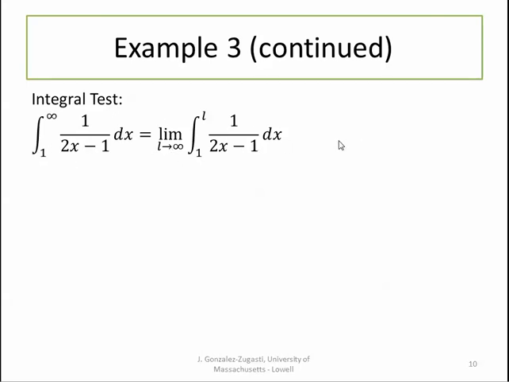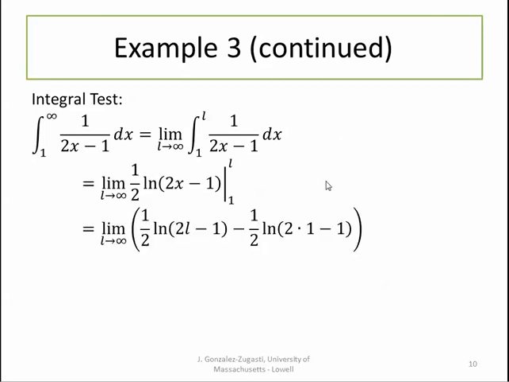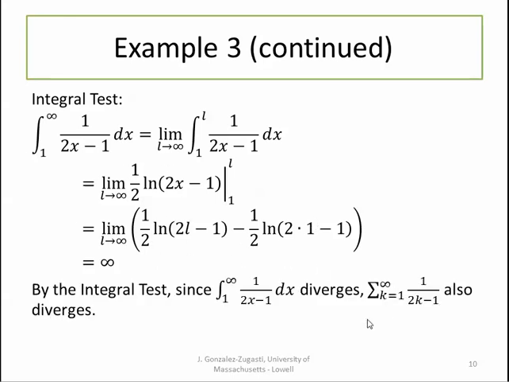We rewrite it with limits and evaluate the integral. Look at the limit as L goes to infinity. This term's going to go to infinity. So the integral test tells us this integral diverges, which tells us that our series also diverges.